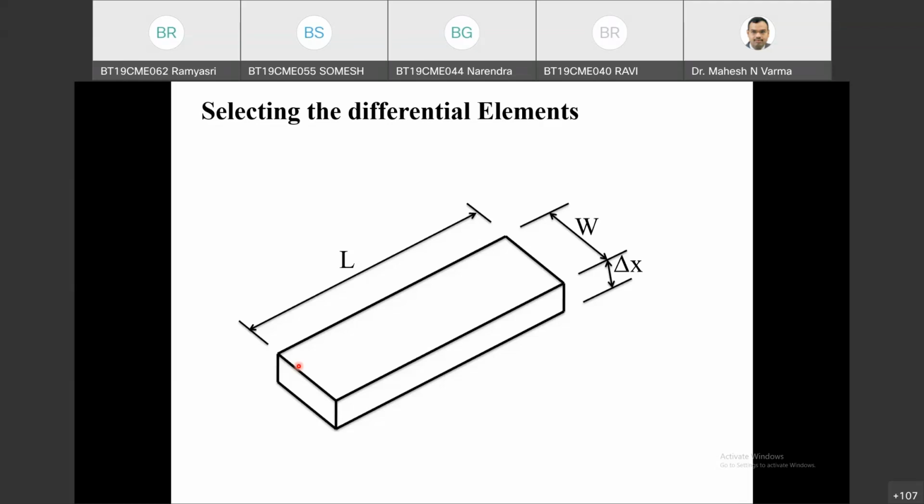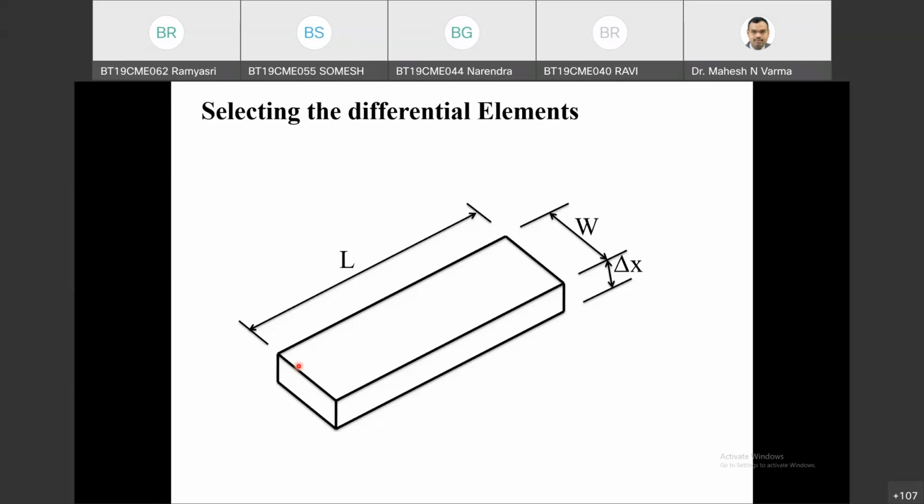What is the volume of my liquid film? What is the thickness of the liquid film? The delta. So the volume of my liquid film will be L into W into delta.